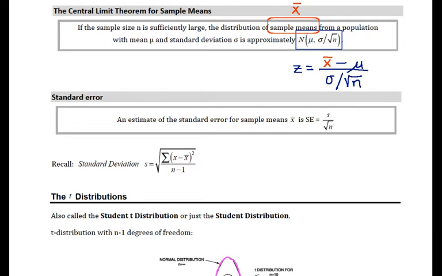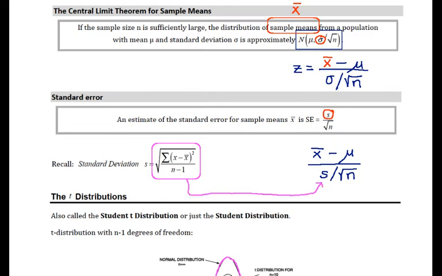Well, once we start using this s in place of sigma, then that expression becomes x bar minus mu over s over the square root of n, where s is calculated by this formula, and therefore this expression has a sum of a whole bunch of squares of the distance from each observation to the mean.